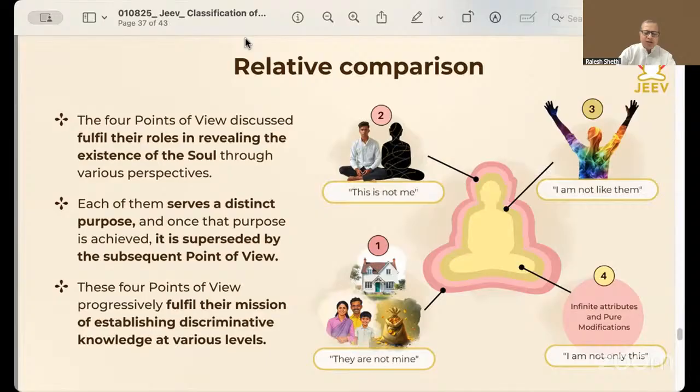So each and every point of view had a purpose. And the purpose was that you understand the soul from different perspectives, so that whatever you read in Jinvani, there are three blemishes that occur in a false knowledge. The first one is doubt. So you will not have any doubt.